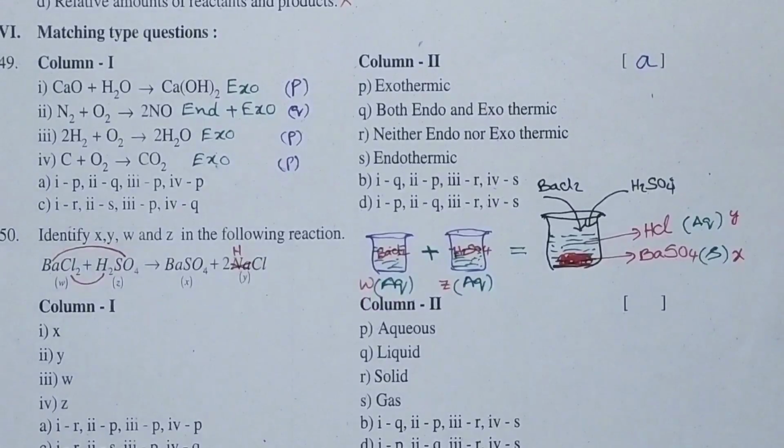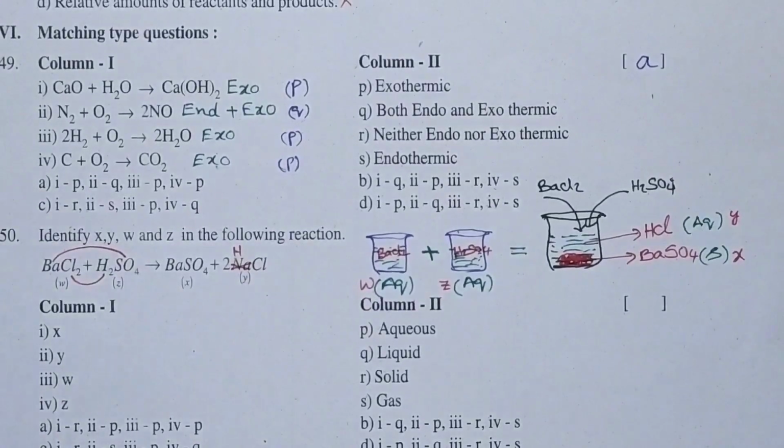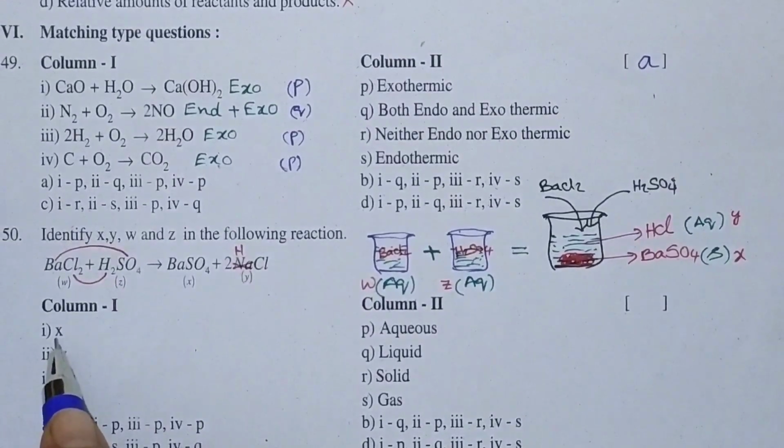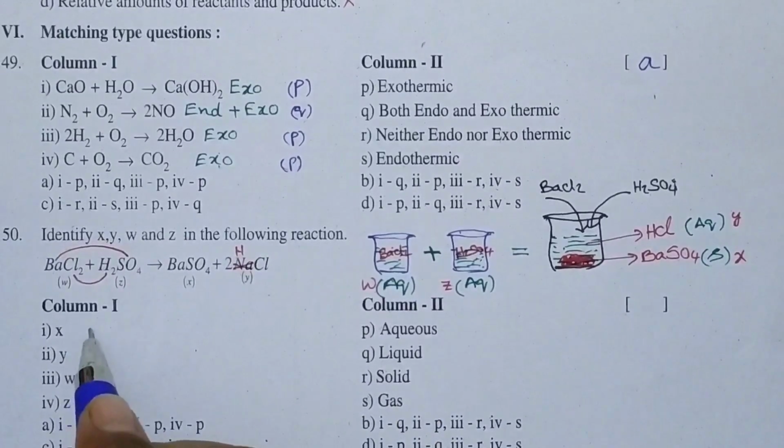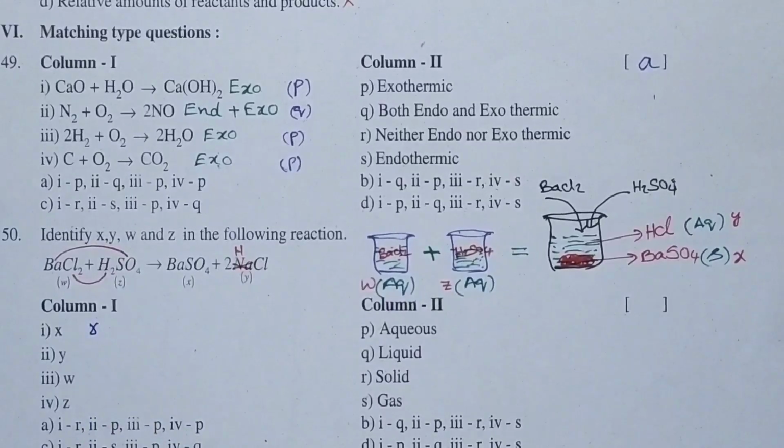Now let us conclude the question. X is solid, so solid is R. So R is the right option for the first one.